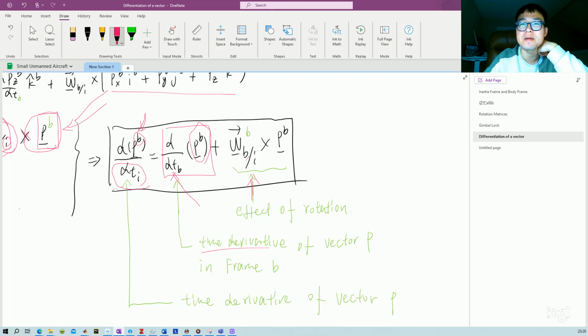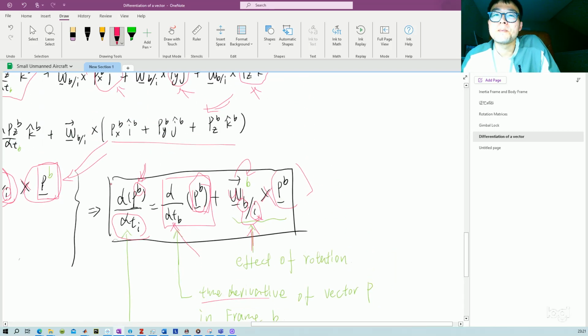Your frame B is rotating against frame I, where the magnitude of the speed is omega, and then this is a vector. We can express that in frame B, just like a normal vector P, and then use that cross product with the vector itself.